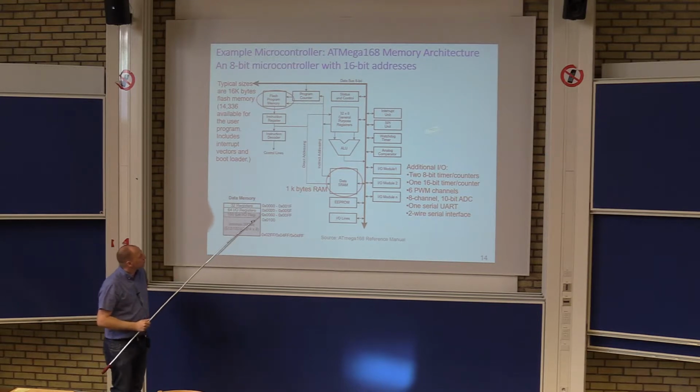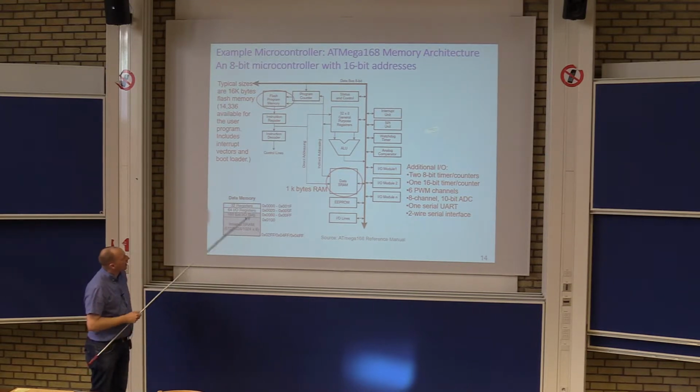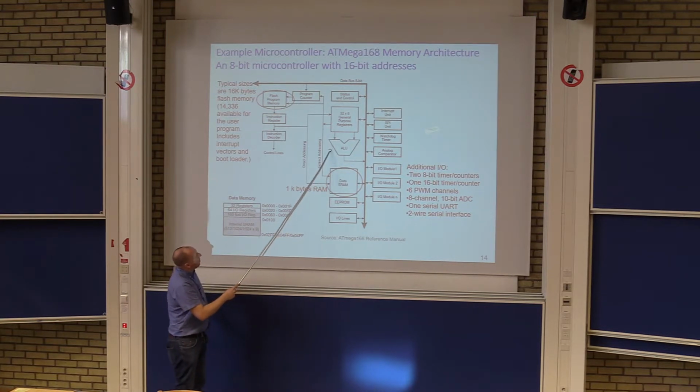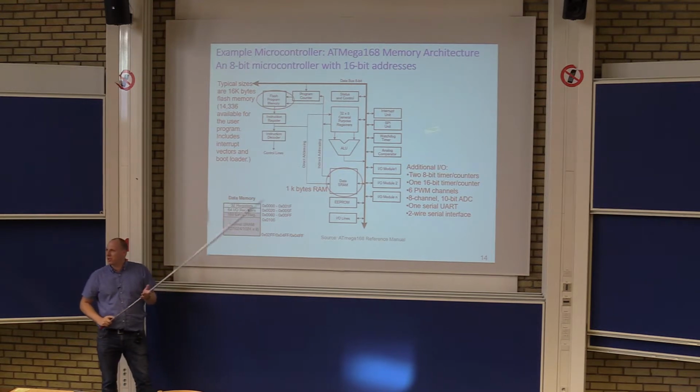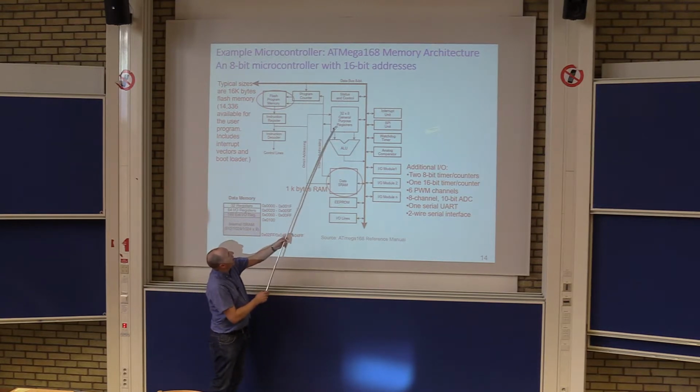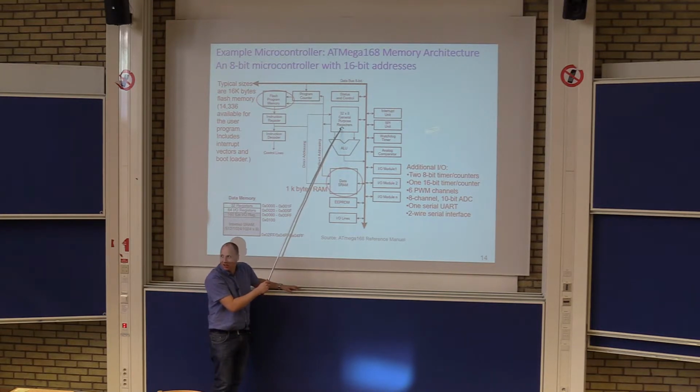And in this architecture, you have something called the arithmetic logical unit. This is the part of the processor that actually does the calculations. And it does the calculations by doing operations on numbers represented in the registers.